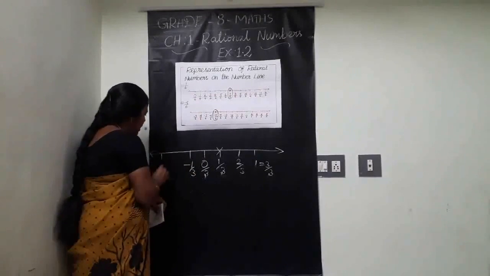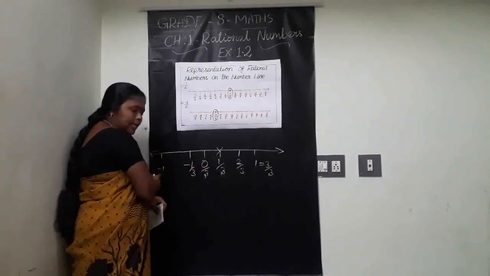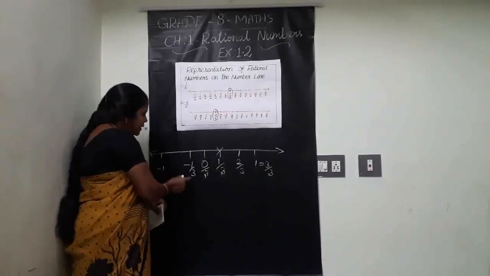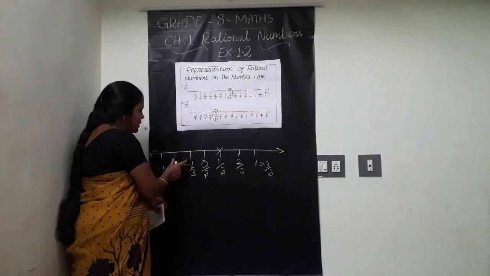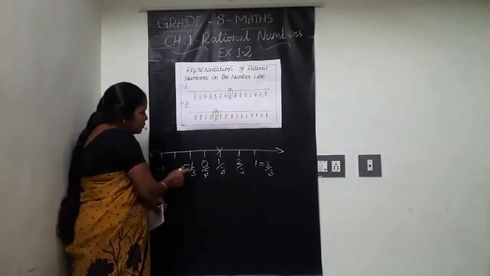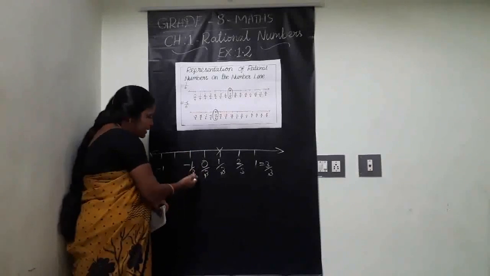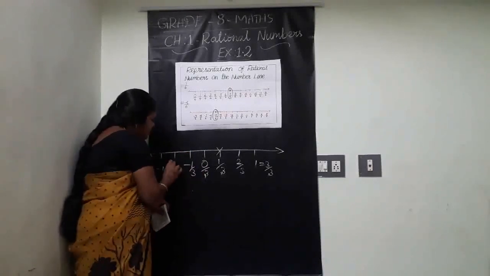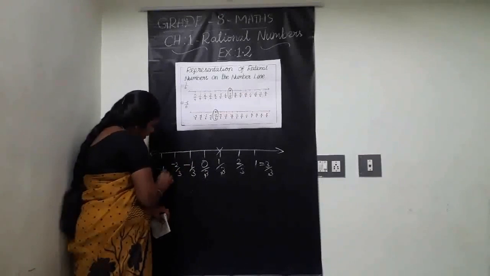I have taken the interval between 0 and minus 1. In this, I am cutting into 3 pieces: first piece, second piece, third piece. What do you mention? The first piece, left of 0, is minus 1 by 3. This one is minus 2 by 3. Here is minus 3 by 3.